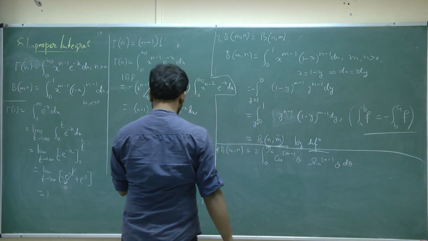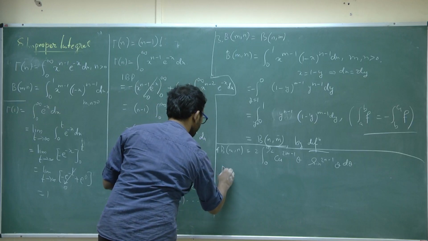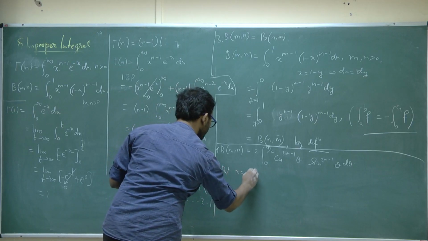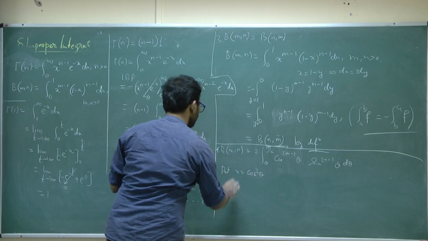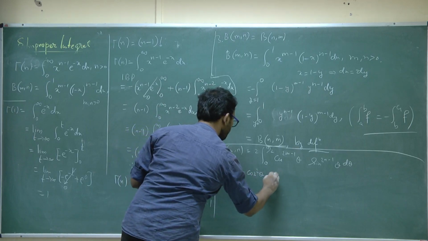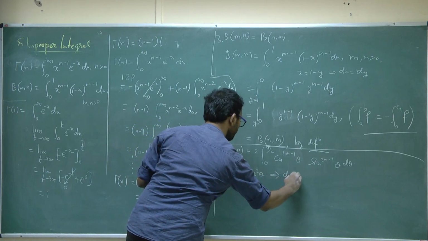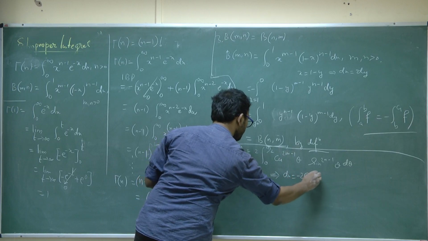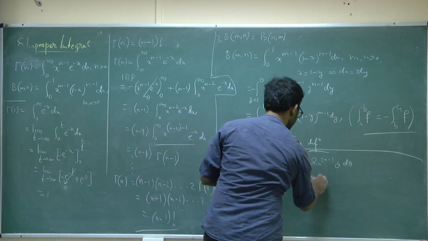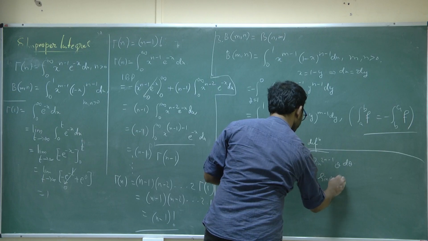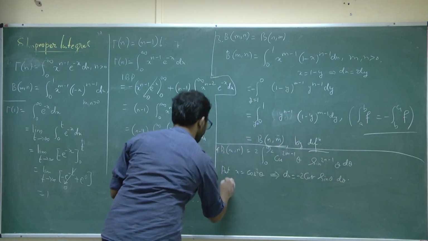Alright. So, this is very simple. You put x equals cos square theta in your beta function. So, this is nothing but dx equals minus 2 cos theta sin theta d theta.